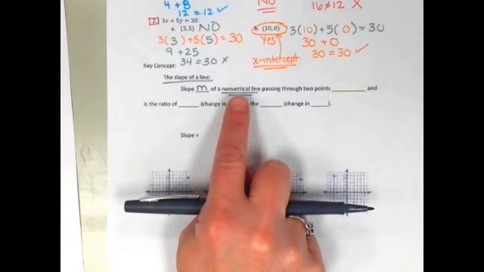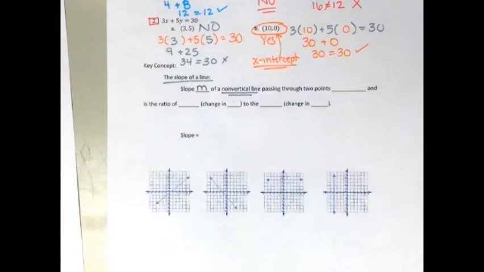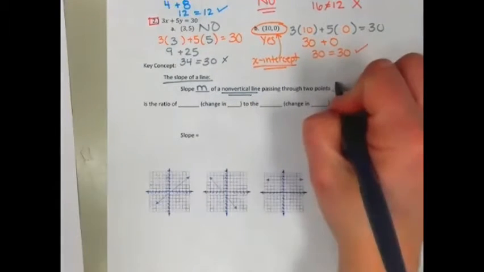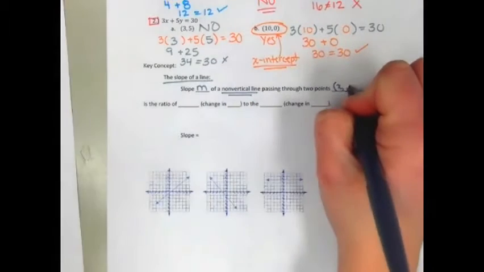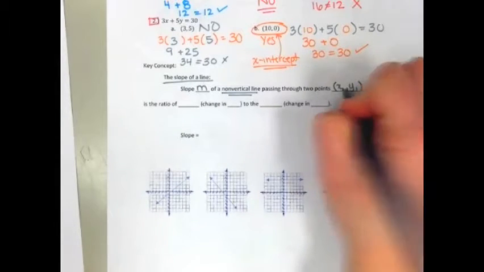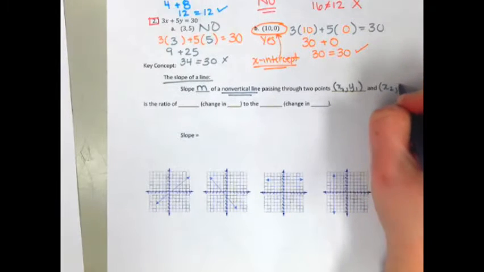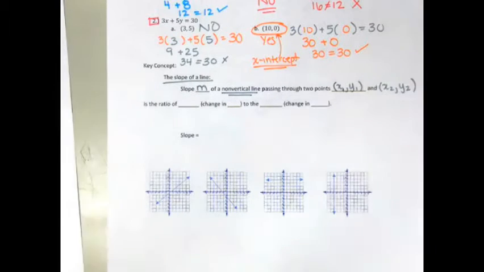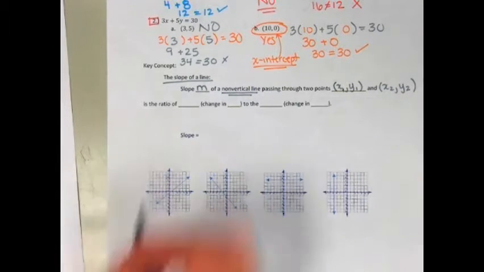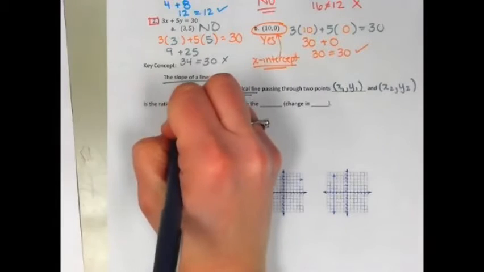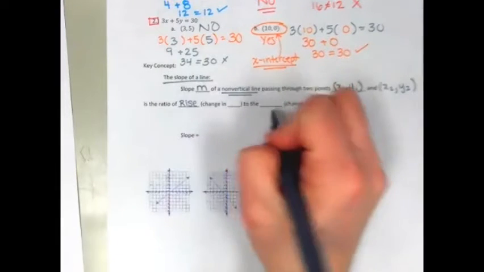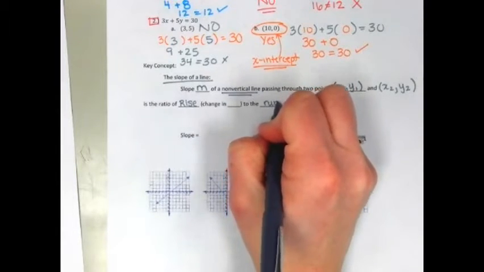So the slope of a non-vertical line that passes through two points, and my two points are x1, comma y1, and x2, comma y2, is the ratio of rise over run.